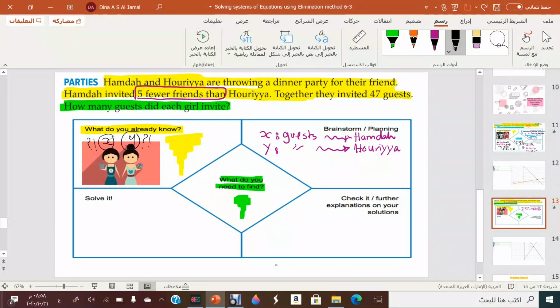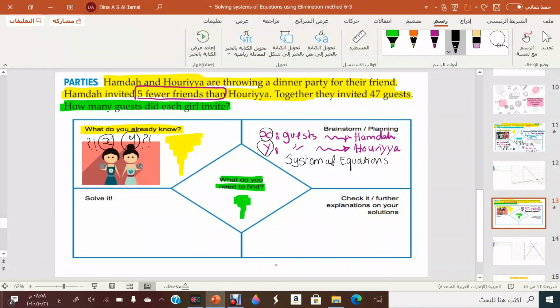Now let's think of this. First of all, we are having two variables. That means we will be solving a system of equations in two variables, x and y.